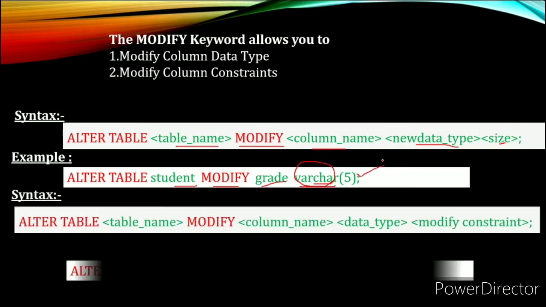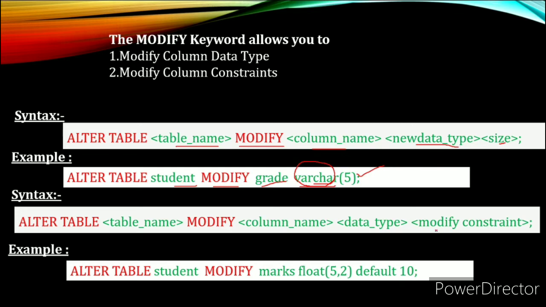We can also modify the constraint: alter table, table name, modify column name, data type, and the modified constraint. If you want to modify the constraint with default 10, you have to write default 10. So alter table student, modify is a keyword, marks is the column name on which we want to modify the constraint, and this is its data type and this is the new modified constraint.